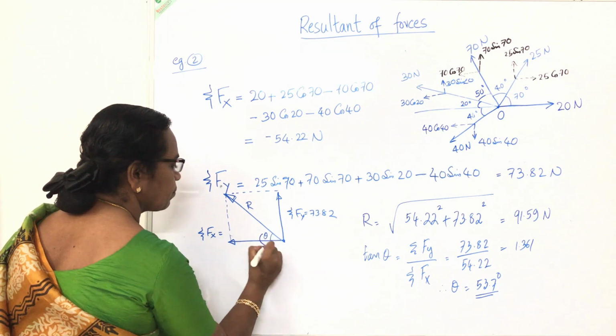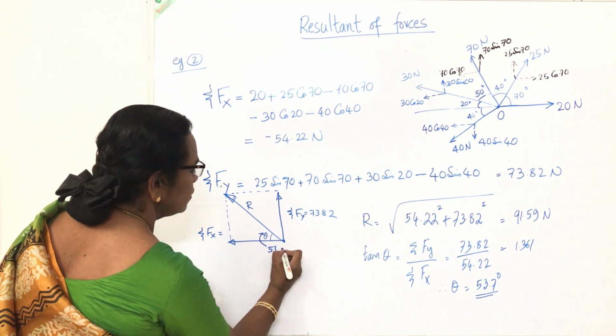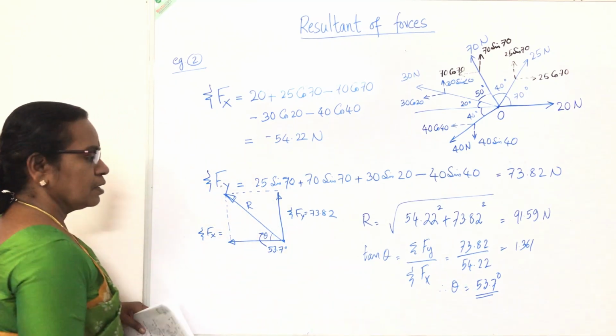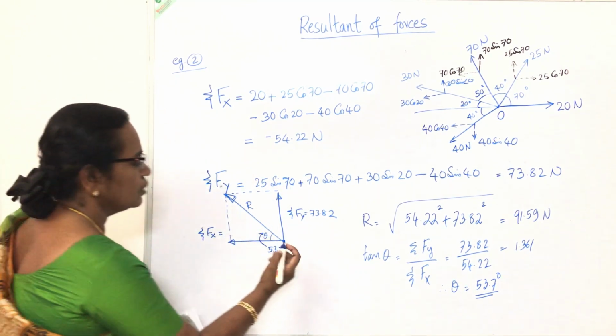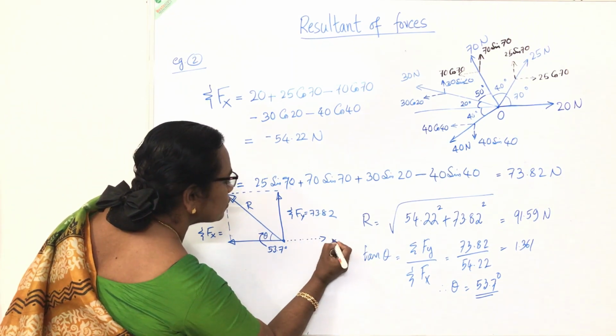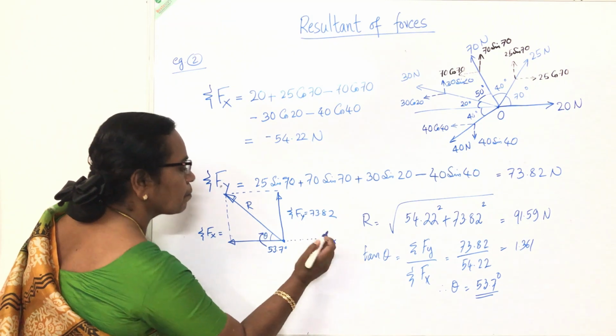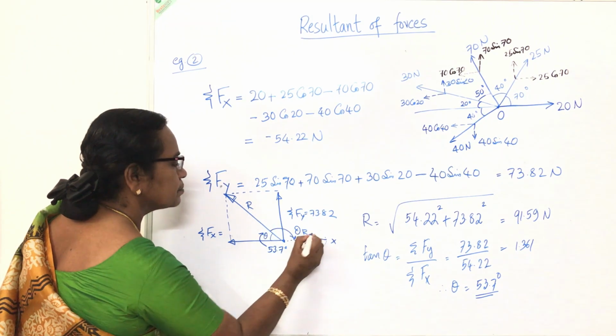The angle which the resultant makes is with x negative direction. If you want the angle with x positive direction, this is the angle theta r.